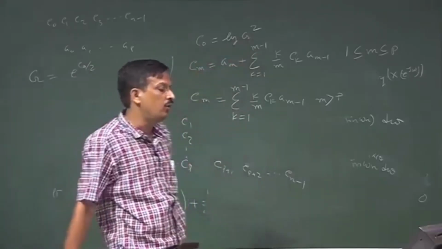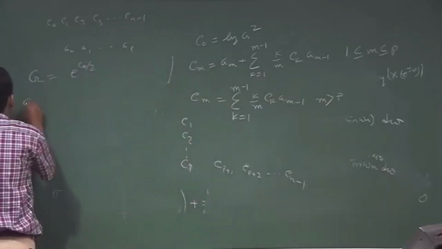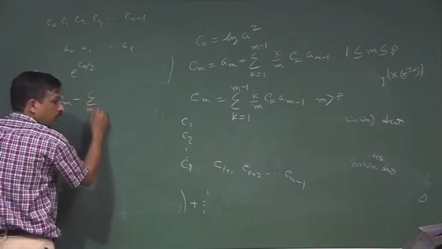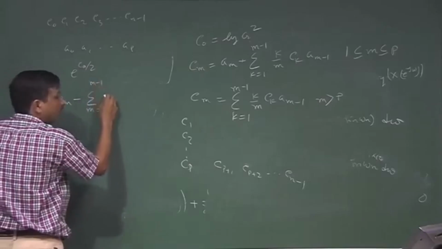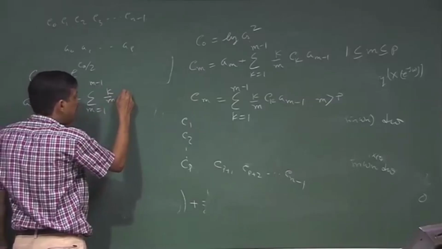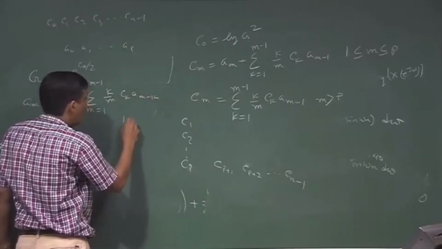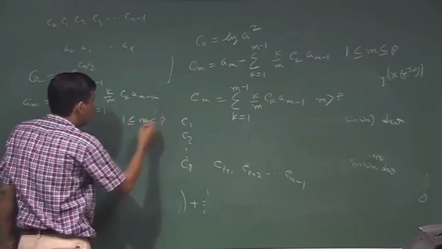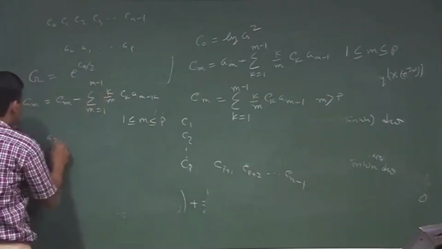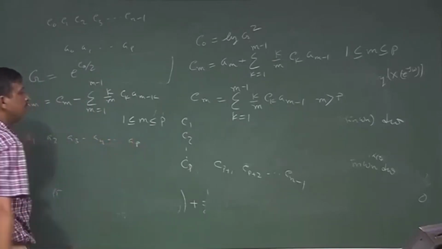Then I can say Am is equal to Cm minus the sum over k to m minus 1 of k by m into Ck A m minus k, for m equal to 1 to p. So, I can get A1, A2, A3, A4, dot dot dot, AP.